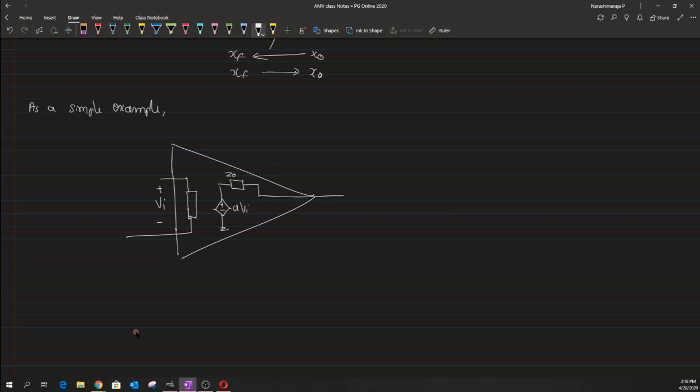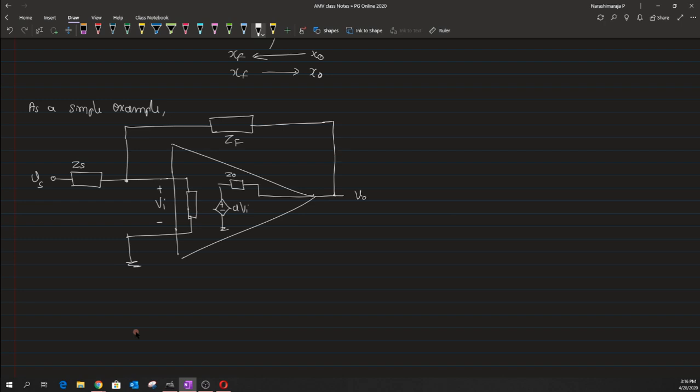And let us go for a non-inverting amplifier configuration where the signal Vs is being applied at the input with some sort of Zs, and there is a feedback network that connects the output to the input.